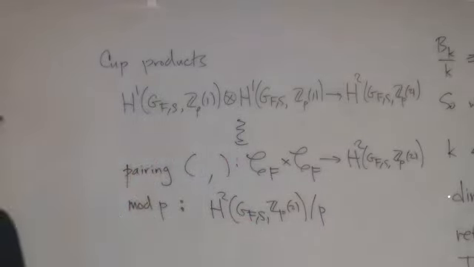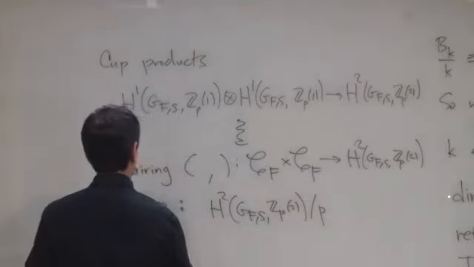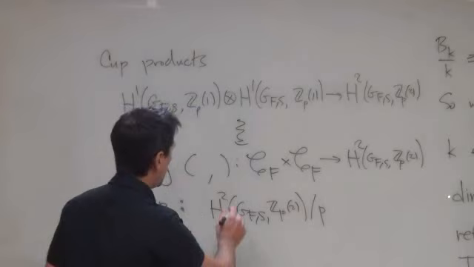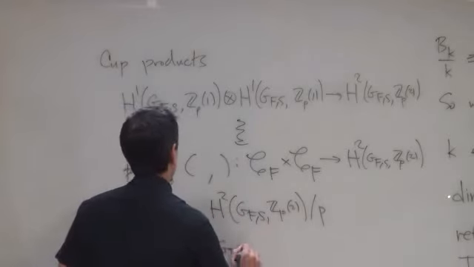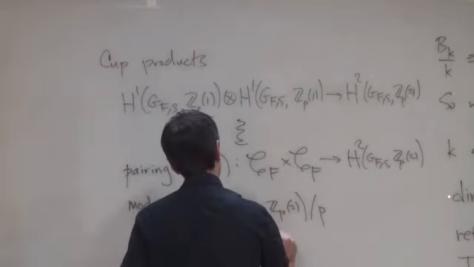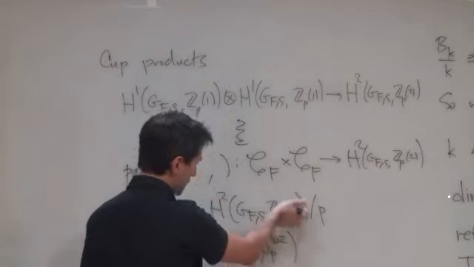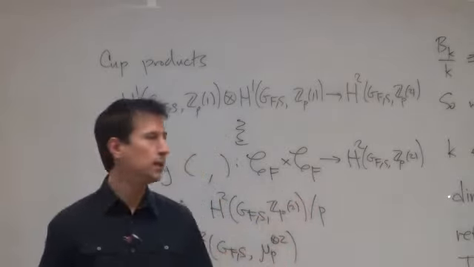That was the mistake last time. Because this has cohomological dimension 2, and there are no real places, this thing is actually isomorphic to H2 of GFS with mu P tensor 2. If you like, ZP2 mod P is mu P tensor 2. Just a different way of writing it.